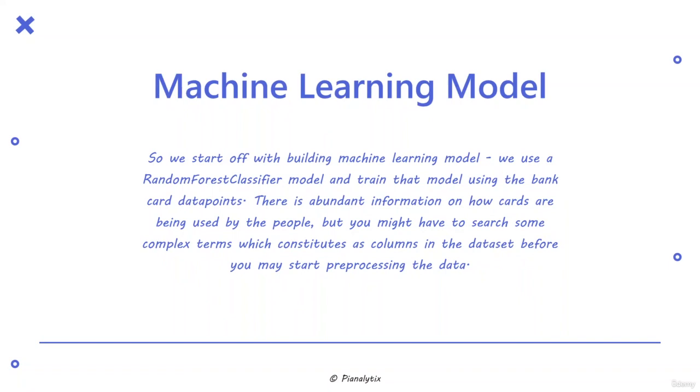So the first part. We start off with building a machine learning model, and we use a random forest classifier model and train that model using the bank card data points. There is abundant information on how cards are being used by the people, but you might have to search some complex terms which constitute columns in the dataset before you start preprocessing the data.